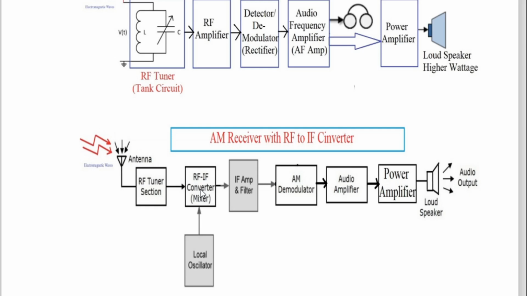You don't simply say that the RF to IF converter converts radio frequency into intermediate frequency, because for every radio frequency there is one corresponding intermediate frequency, and therefore when it is doing that job, this circuit will automatically reject all other frequencies, and your interference will be removed.